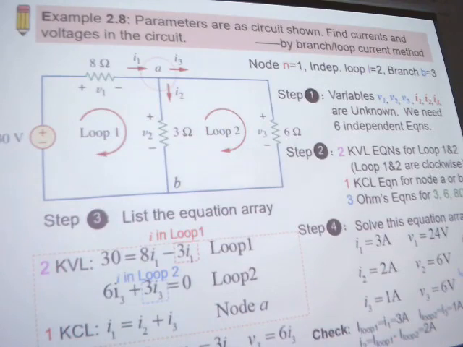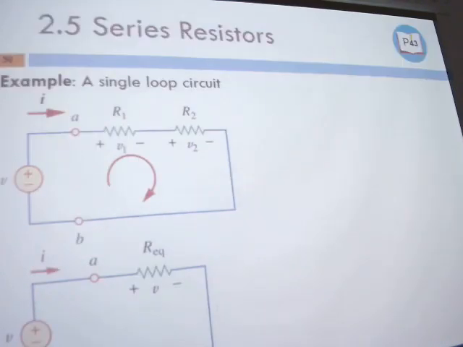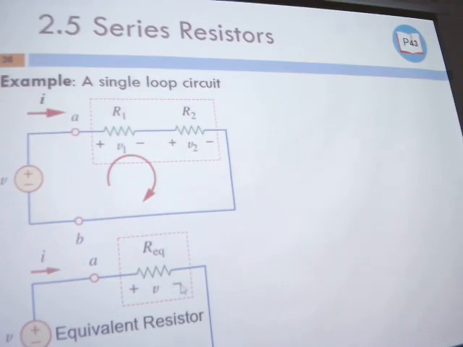Okay, there's 2.5 section, series resistors. This one is a simple example. We have a single loop current here, and this one is the equivalent resistor here. If we have 2 resistors in series, we can calculate the equivalent circuit for those 2.